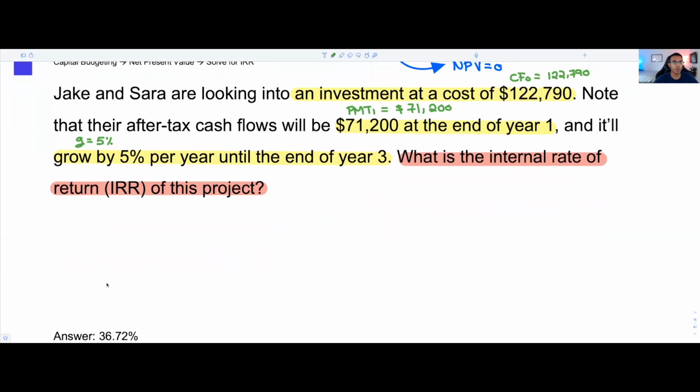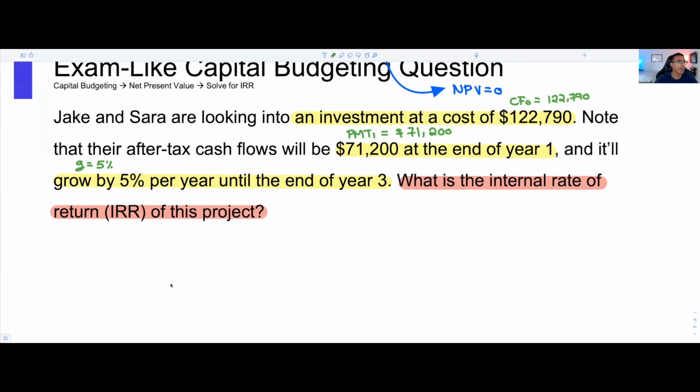And I'm a big fan of using a timeline when you have questions like this. It's like our chapter on time value of money. It's always good to display what is going on. In this case, we can do so. So we'll have t equals 0, t equals 1, t equals 2, t equals 3.